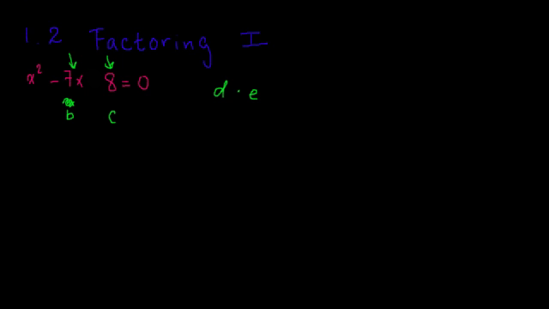Anyways, we have to find two numbers, d and e, that multiply out to c, and d plus e equals b. Now let's think about it. So our c is negative 8, and our b is negative 7.